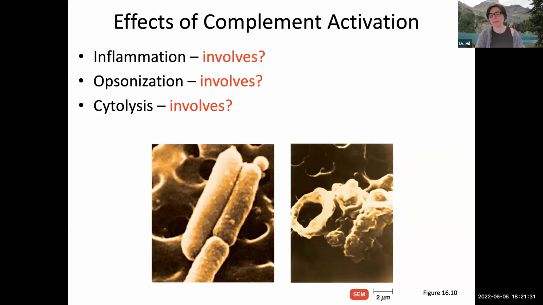Let's see if we remember. Yeah, C3a and C5a. If you have difficulty remembering which half of C3 and C5 is involved, C5a, C3a, A is for inflammation, okay? Opsonization, on the other hand, involves C3b. And then cytolysis involves C3b activating what?